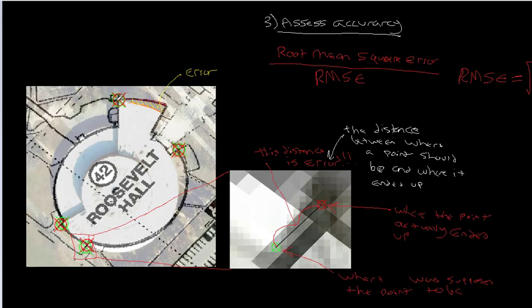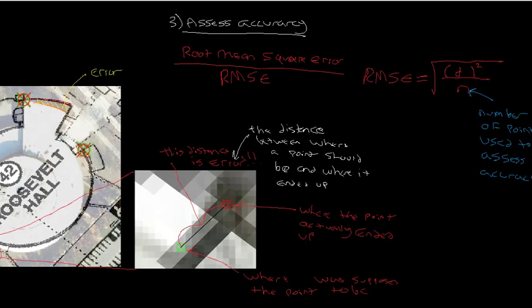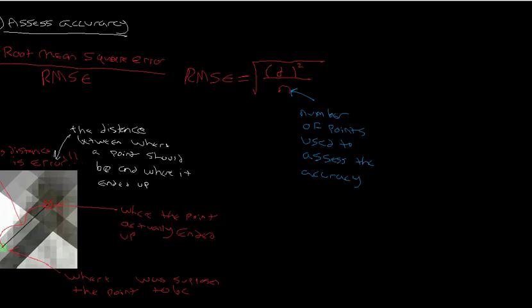So in our specific example here, n would be 4. 1, 2, 3, 4.